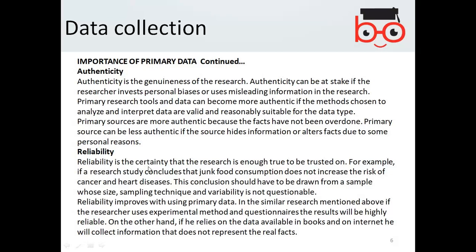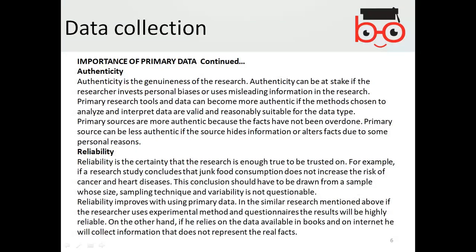Reliability is the certainty that the research is true enough to be trusted. For example, if a research study concludes that junk food consumption does not increase the risk of cancer and heart disease, this conclusion should be drawn from a sample whose size, sampling technique, and variability are not questionable. So reliability gives you a certainty that the research is trustable.